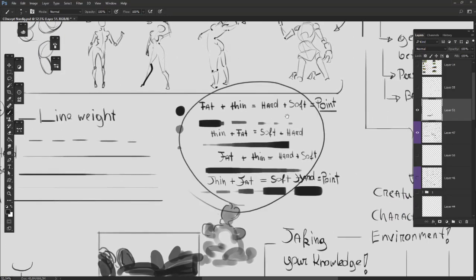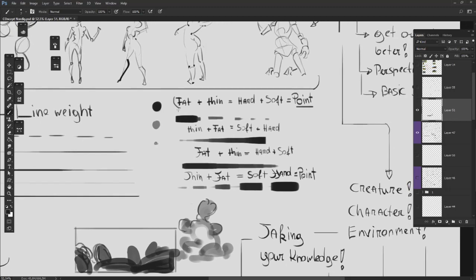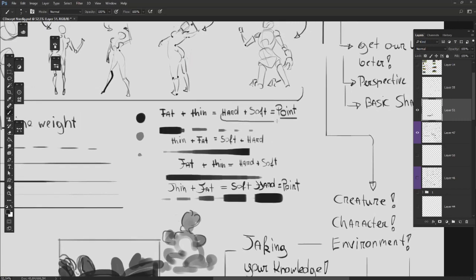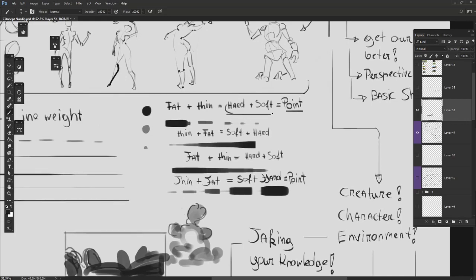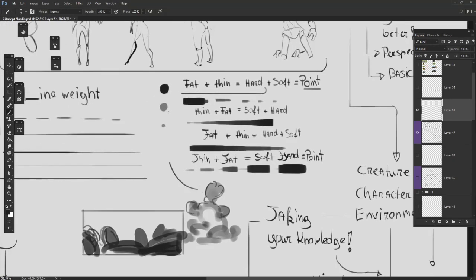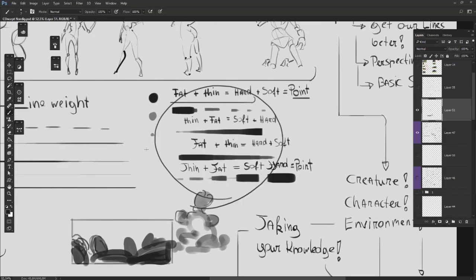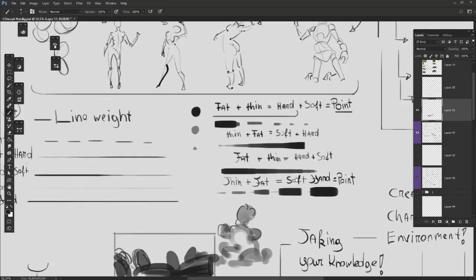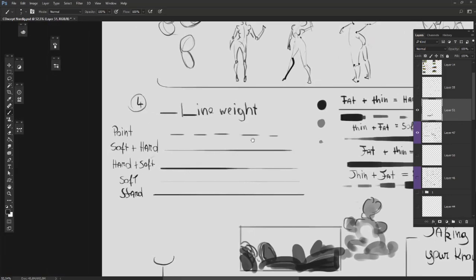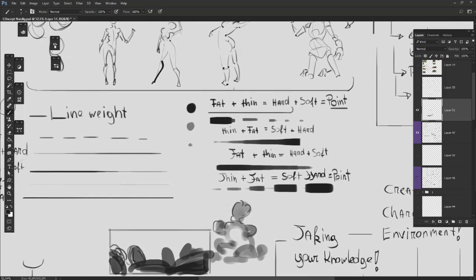We have here on this point fat to thin, fat and thin. It goes fat to thin, and then hard to soft. And hard to soft is because of those brushes. This is the hardest thing to do in terms of line drawing and painting, because these are easy to control, but this one gets harder because it adds two categories into that, and maybe a third one because of the point.